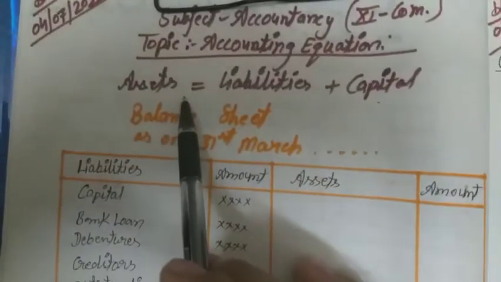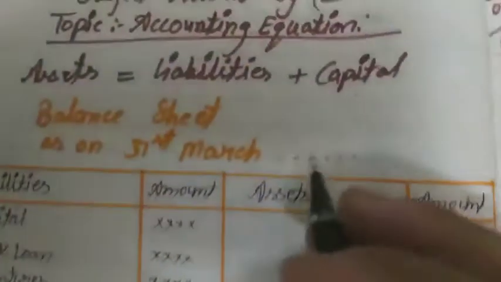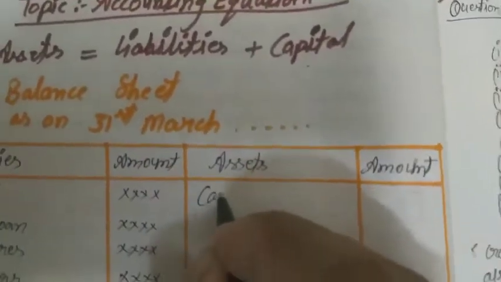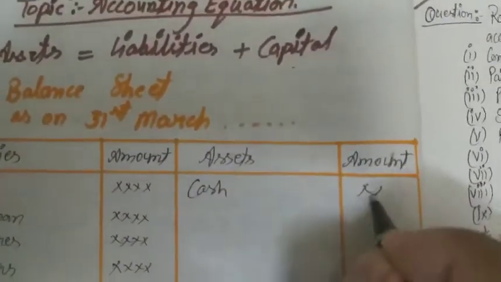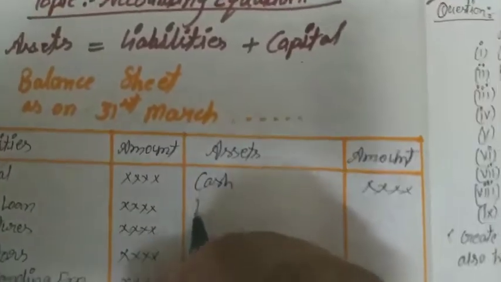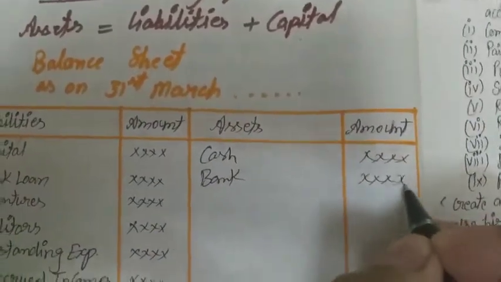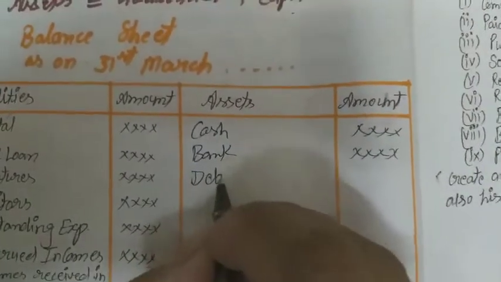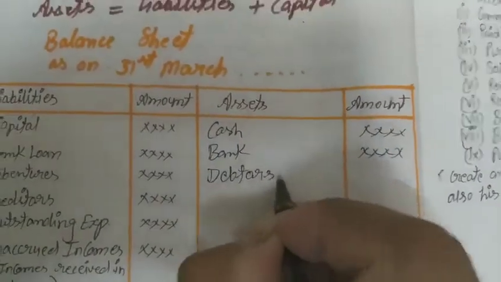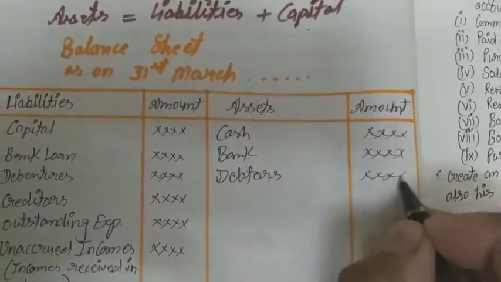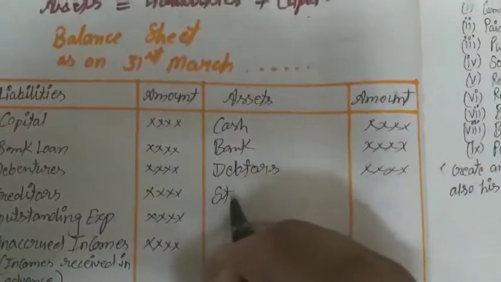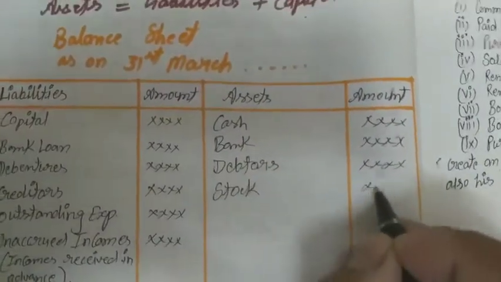Similarly, if there is any assets head, those assets will come on the asset side. For example, cash: if we have a cash balance, it will come this side. Bank balance will come this side. Debtors will come this side. Stock will come this side.